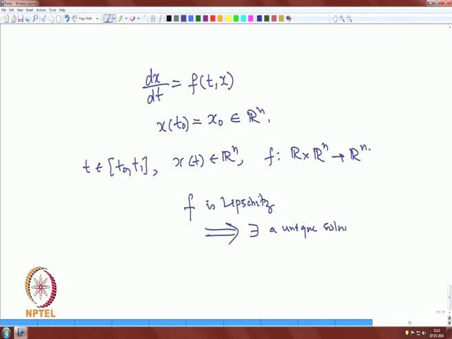So, if the vector function f is Lipschitz with respect to the second argument x, then this system has a unique solution, the solution can be continued and the solution is stable with respect to the initial condition x0. All these things can be studied and analyzed in the same manner as we have done for the scalar case.